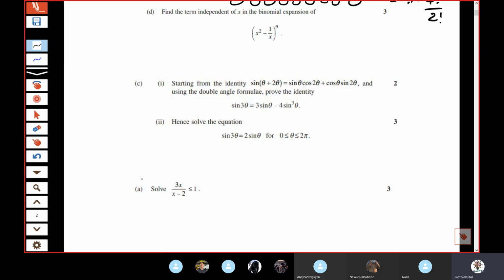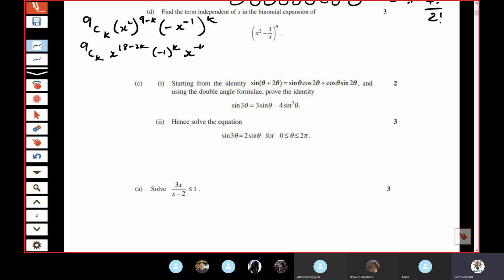I'll do the binomial question. It should look like this. 9 choose k, x squared to the 9 minus k, negative x to the negative 1, to the k. That's 9Ck, x to the 18 minus 2k, negative 1 to the k. Remember, we always want this to be single, positive, monic. x to the negative k, combine your x's.